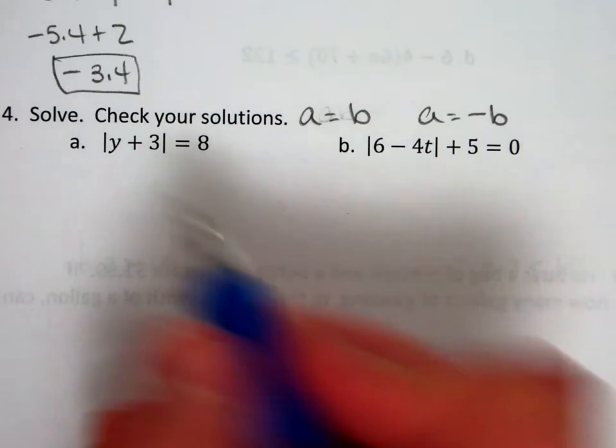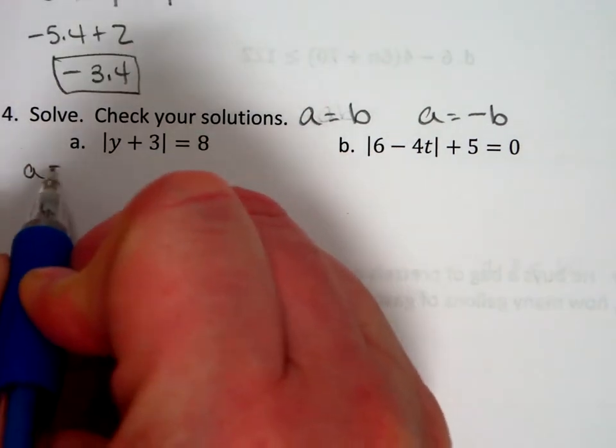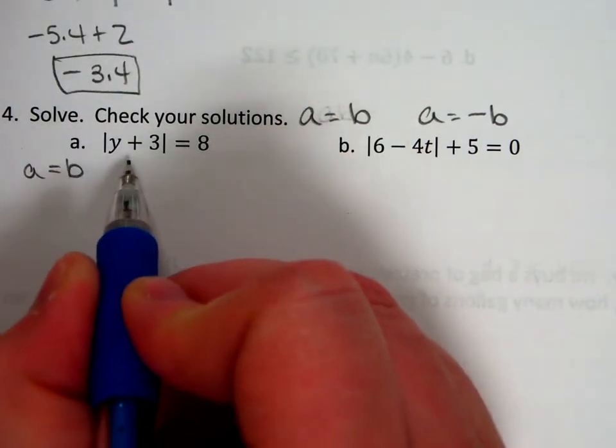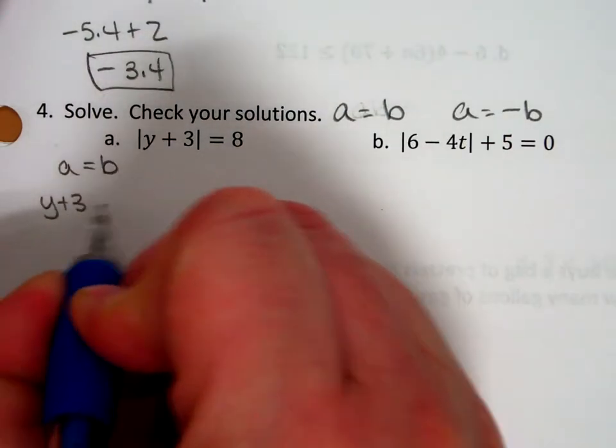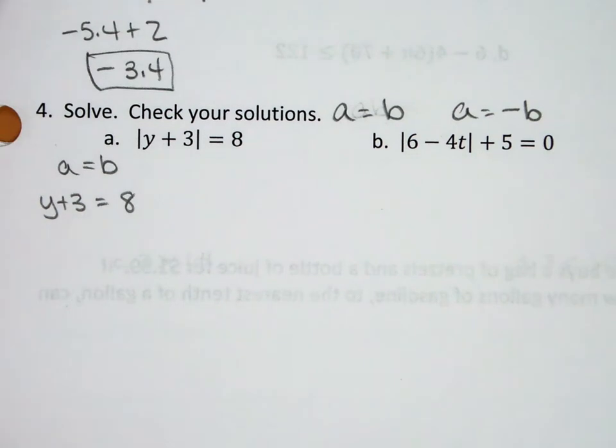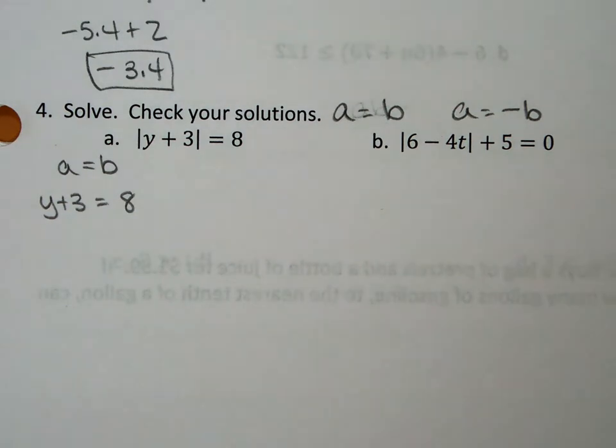So we take the value of A, which means I take the inner part of the absolute value, y plus 3, and set that equal to 8, because the absolute value of y plus 3 can be a positive answer, but the other answer to get you a positive 8 is also -8.